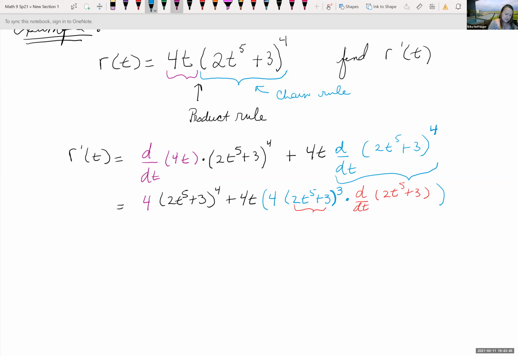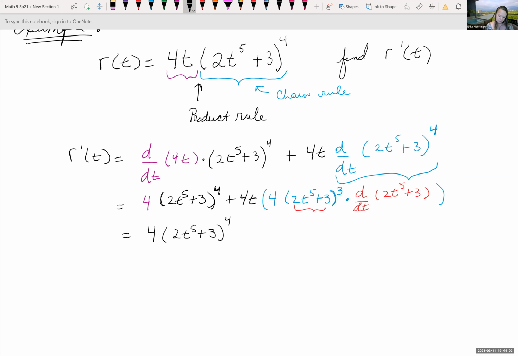I cannot distribute the 4 inside the parentheses because the exponent is not 1. So I'm going to leave it alone: 4 times 2t to the 5th plus 3 raised to the 4th.